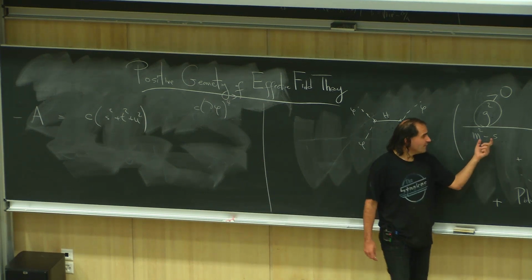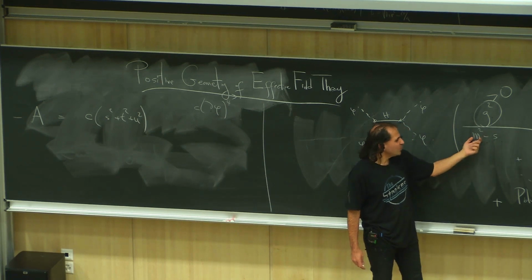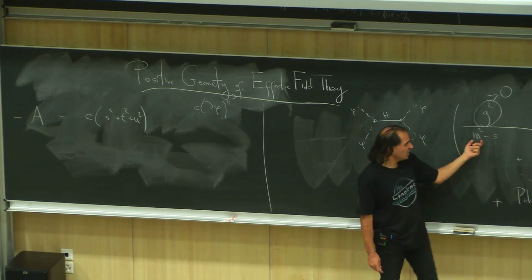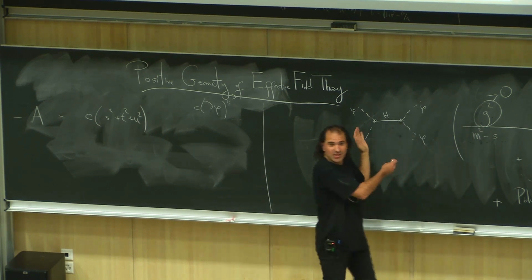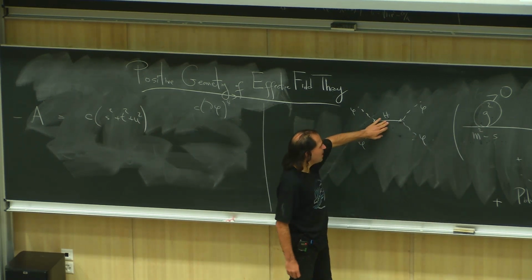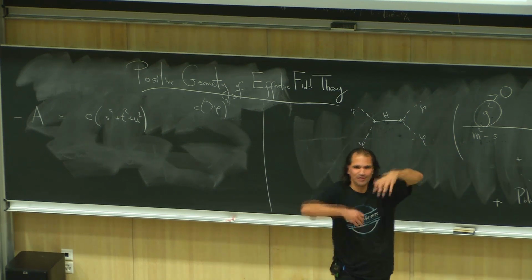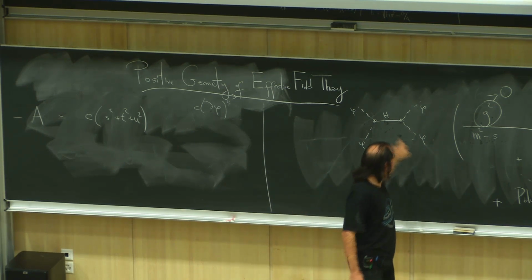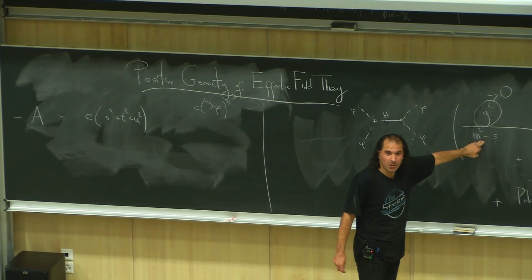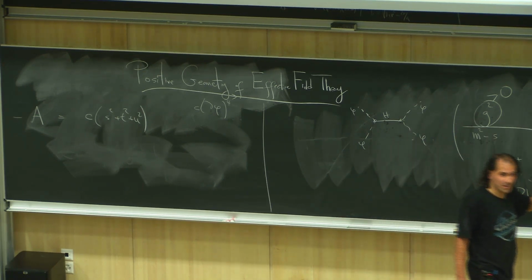But I want to emphasize something in relation to your question. Even without knowing anything about the UV, we know that these poles are there, and we know that the residues of those poles are positive in this model. Maybe the UV theory itself has higher dimension operators, but whatever is going on in the UV, so long as I have these particles, I know these poles are present just at tree level, and I know those coefficients are positive, independent of anything else.